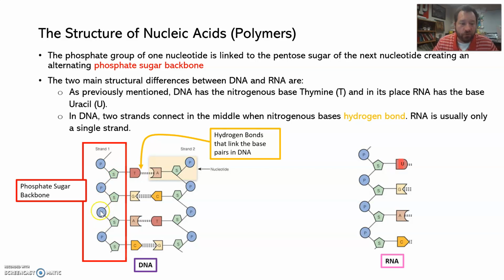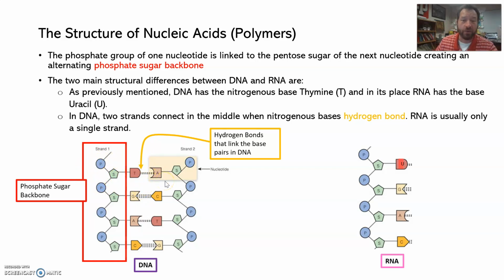Again, here's a phosphate of another nucleotide linked together with a sugar from another nucleotide. And here's the nucleotide, draw a square around it. This one happens to be an A, an adenine, and its phosphate is linked to the sugar of the nucleotide G, guanine, which is linked to the sugar of another nucleotide T, thymine.